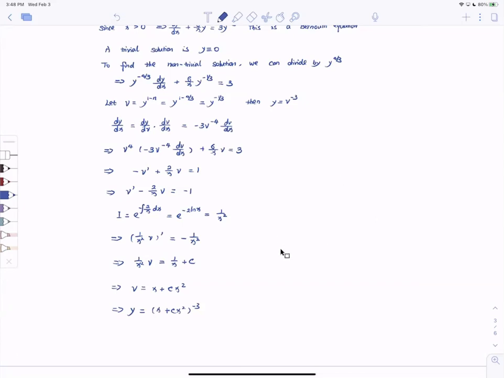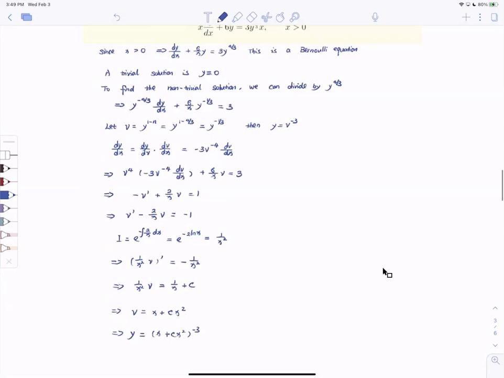Okay, any questions? No? Good? Wait, okay. Negative 3v dv dx.